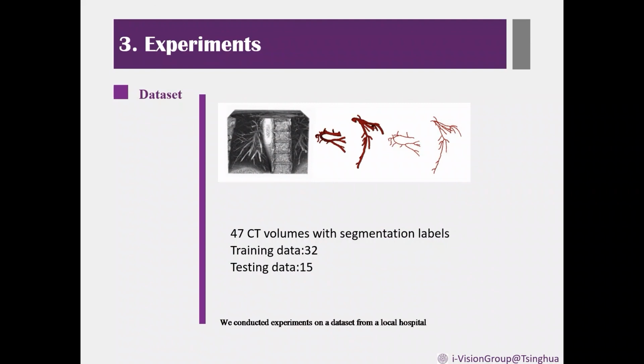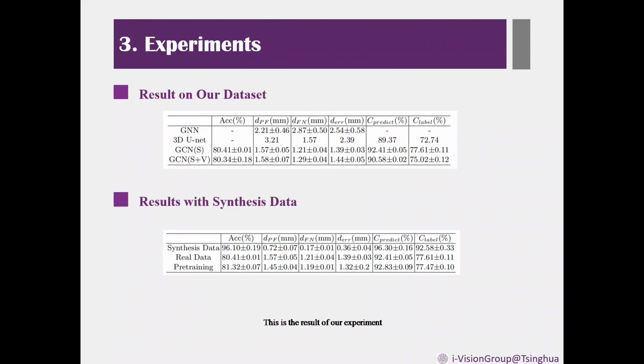We conducted experiments on a dataset from a local hospital, which includes 47 CT volumes with segmentation labels. The label of centerline is obtained by thinning the manually marked coronary artery label image. We randomly selected 32 data for training and 15 data for testing. This is the result of our experiment.